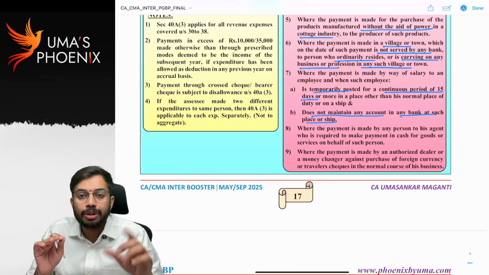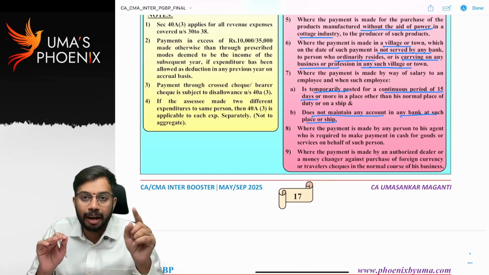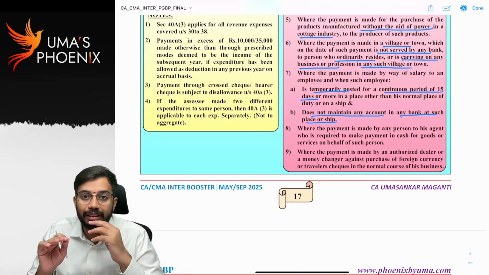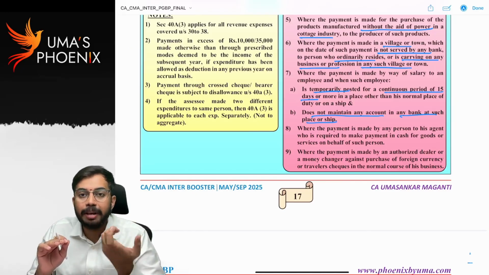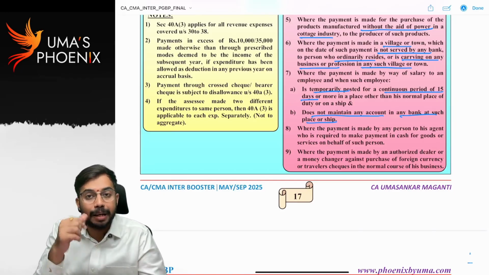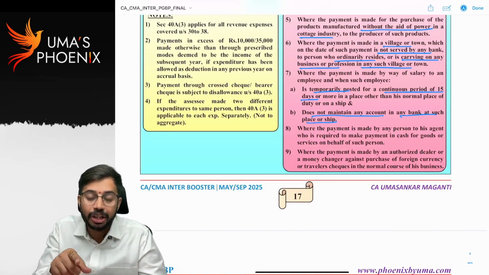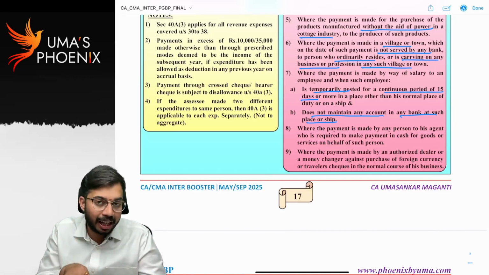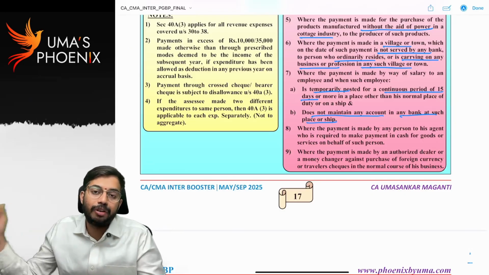Now this scientist has to go to West Bengal and Sundarban forest. He has to stay there for 1 month. There no mobile signal will be there. How can he eat? How can he meet his expenses? That's why Dabur gave 2 lakh rupees cash to him. Now 2 lakh rupees expenditure is spent by Dabur in the form of cash to a single person in a single day. Still that expenditure is not disallowed.